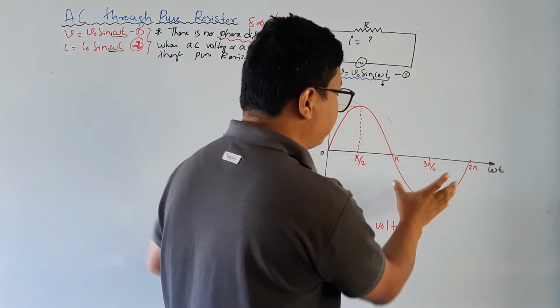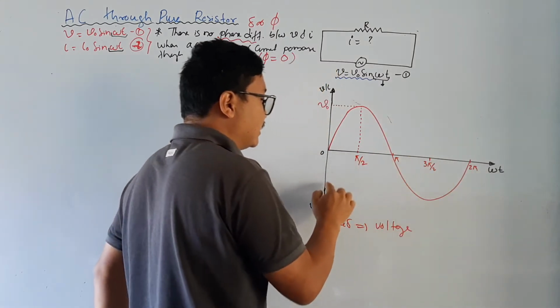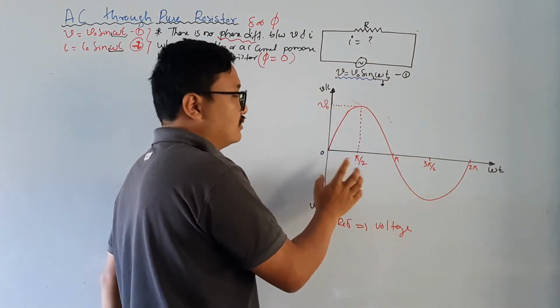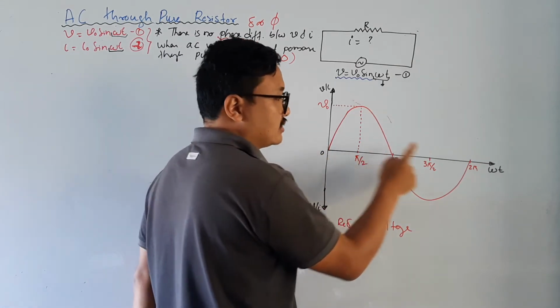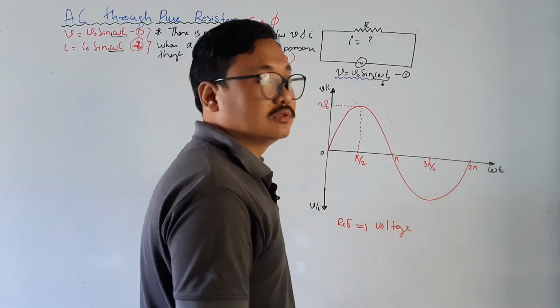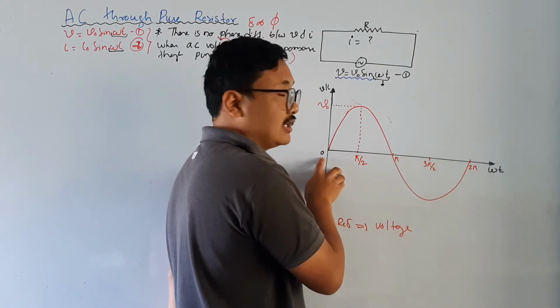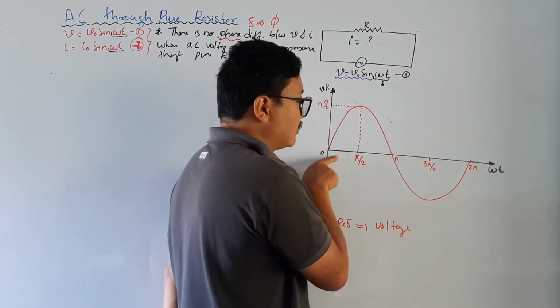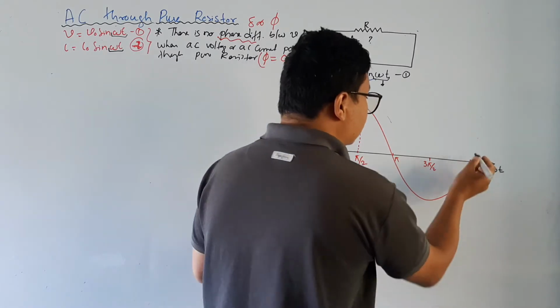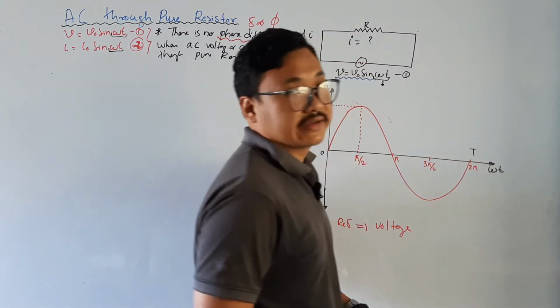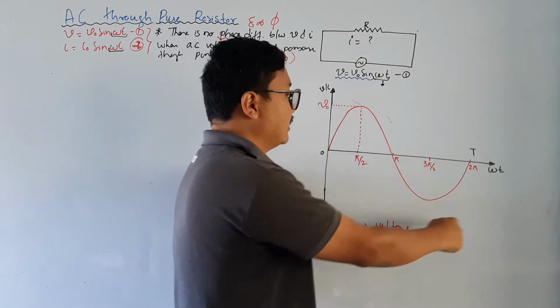From this point to this point, it will take a time to travel. If the voltage is traveling with respect to time, whenever it starts from 0, it will go and reach here at time T. It will make a complete cycle, isn't it? Started from here and ended here.